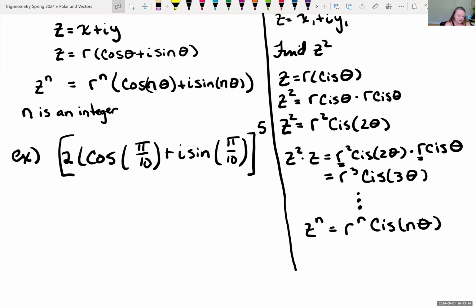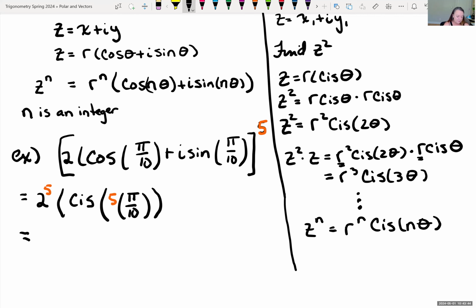So by DeMoivre's theorem, this is the same thing as 2 raised to our power of 5, times cis, cosine theta plus i sine theta, of our angle 5 times pi over 10.